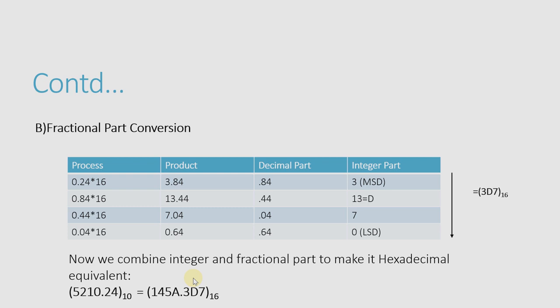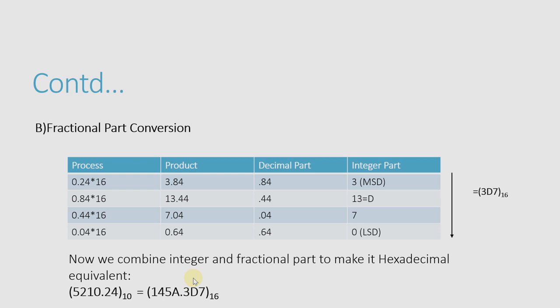For example, if you want to change into binary, then you take the divisor as 2. If you want to change into octal, then you take the divisor 8. If you want to change into hexadecimal, then you take the divisor 16. Keep on dividing the number until the quotient becomes 0, and then you write the remainders from the downward to upward direction.